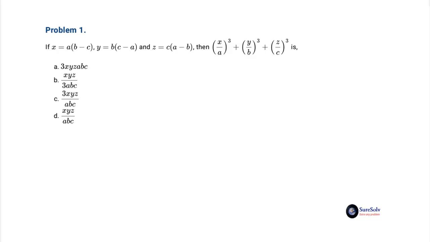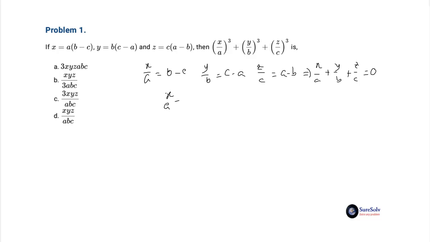Let's write down the steps. The given expressions are changed to x by a equal to b minus c, y by b equal to c minus a, and z by c equal to a minus b. Summation x by a plus y by b plus z by c equal to 0.